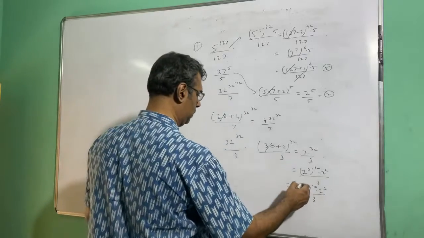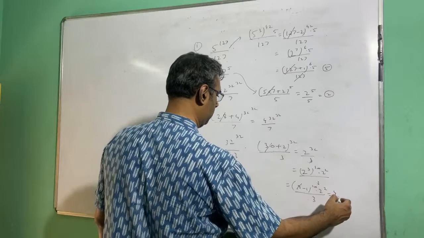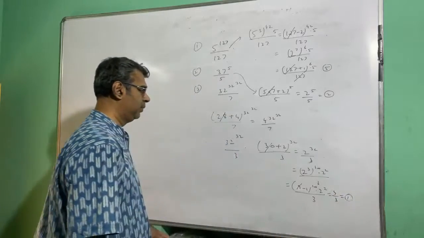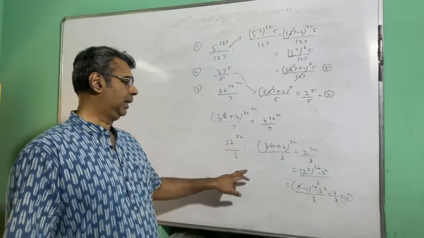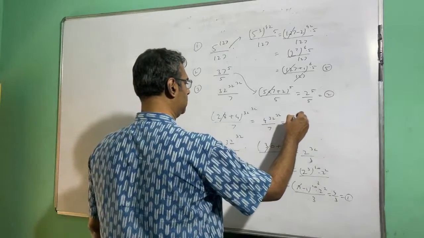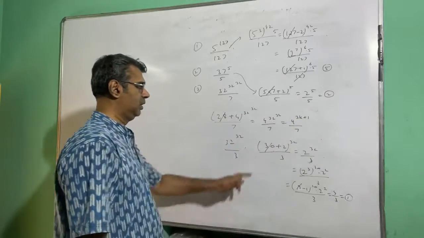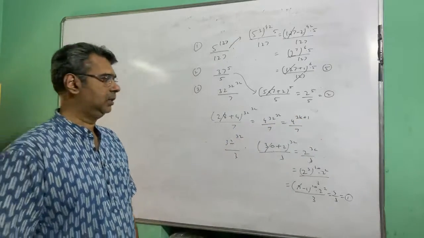You drop 9, so minus 1 to the power 10 into 2 square, that is 4, and 4 by 3 remainder is 1. So 32 to the power 32 by 3, the remainder is 1. So this will be 4 to the power multiple of 3 plus 1.